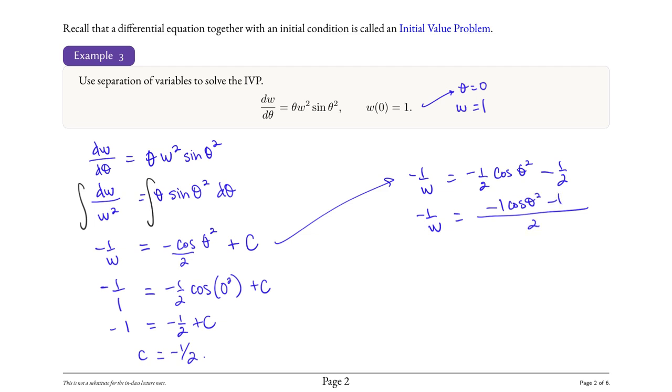We can get rid of the negative to get 1 over w equals 1/2 cosine of theta squared plus 1 over 2. And then we flip both fractions to get w equals 2 over 1 plus cosine of theta squared. And this is the particular solution to this IVP problem.